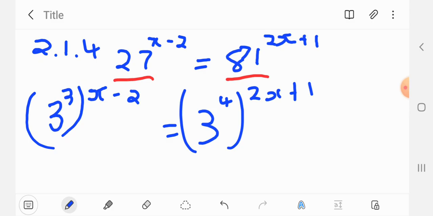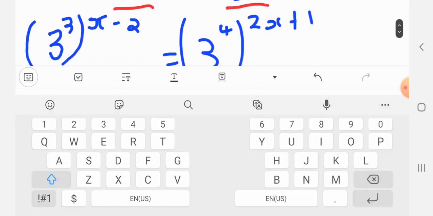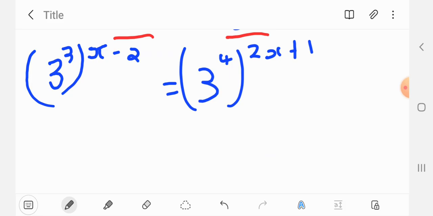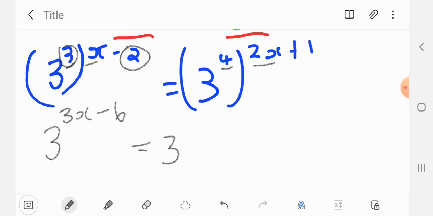So we will have 3 to the power of 3 times x, so 3x, and then we'll also take this 3 times this 2, and that will be negative 6. 3 times 2 is 6, and then that will be equal to 3 to the power of 4 times 2x, that will be 6x plus 4 multiplied by the 1, and that will be 4.